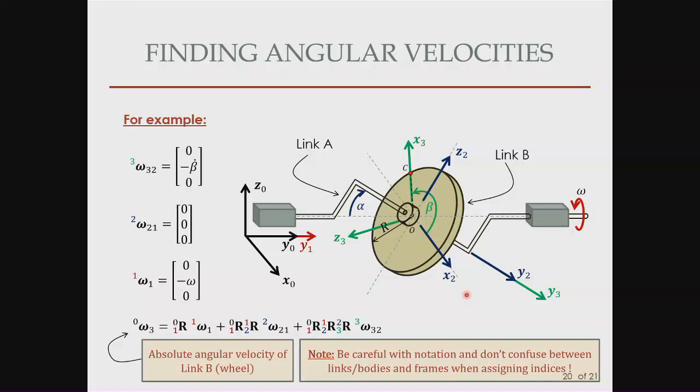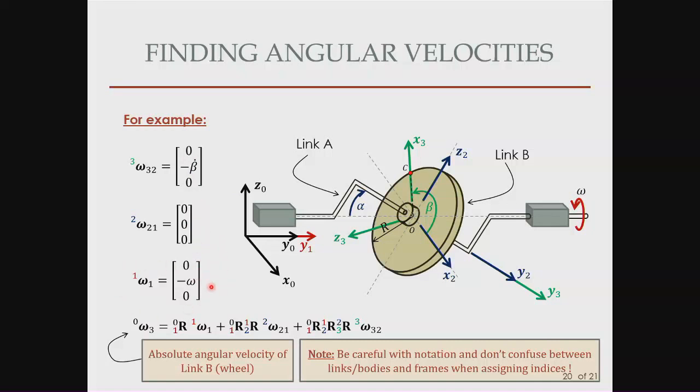All right? So we would need to sum, again here, angular velocity of this frame 3 relative to 2 plus 2 relative to 1 plus 1 relative to 0. Let's look at these angular velocities.